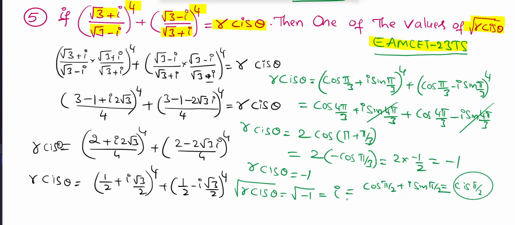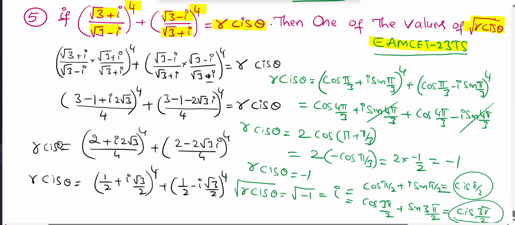And this is also written as cos 3π/2 + i sin 3π/2. So the second value is cis 3π/2. This 3π/2 is given in the options, so the answer is cis 3π/2.